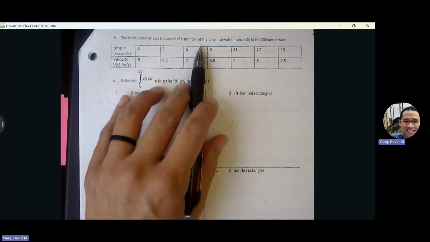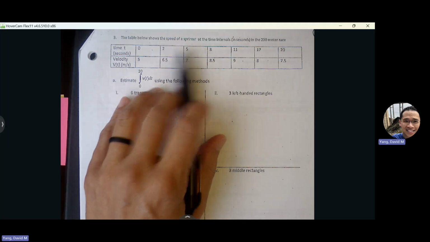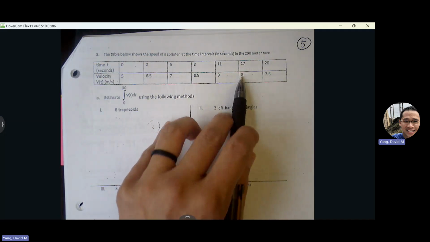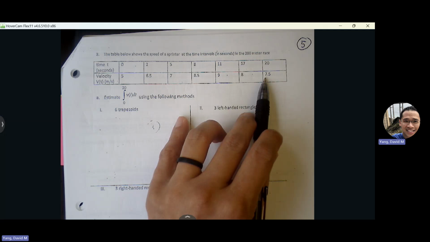Okay, the table shows the speed of a sprinter at the time interval in seconds in a 200-meter race. So 0 seconds. When time t equals 0 initially, the sprinter is going to be going at 5 meters per second. He's going to increase his velocity all the way up to 9, and then he's going to slow down a bit near the end of the race.